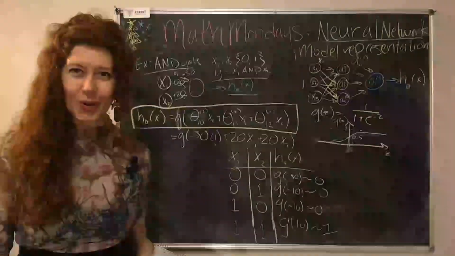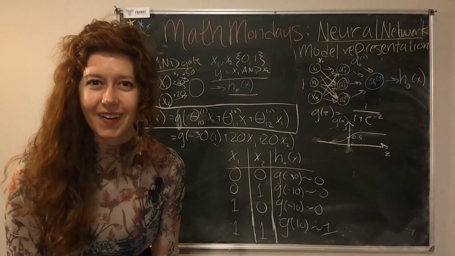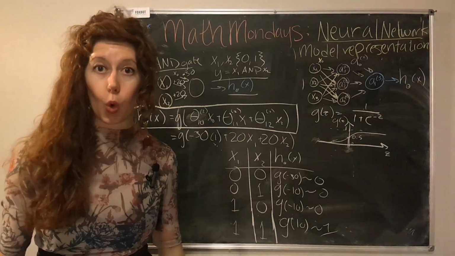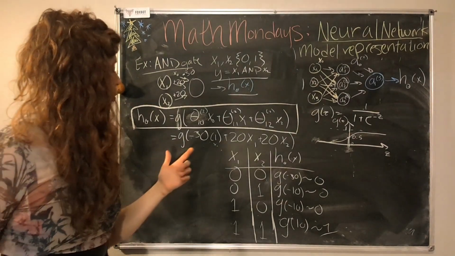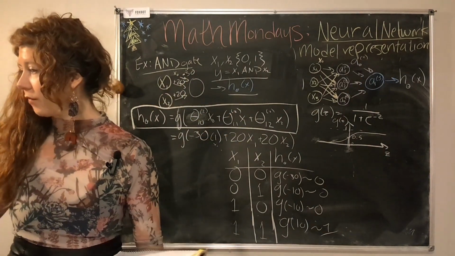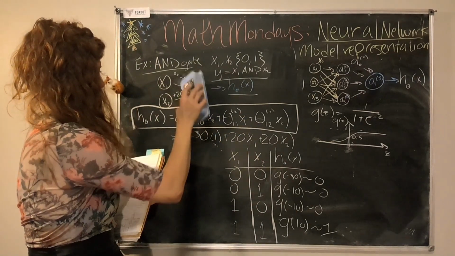Super cool, right? So I have homework for you. Do this same example, but with an OR gate. You can use the same architecture. Everything will look the same except for these parameters.